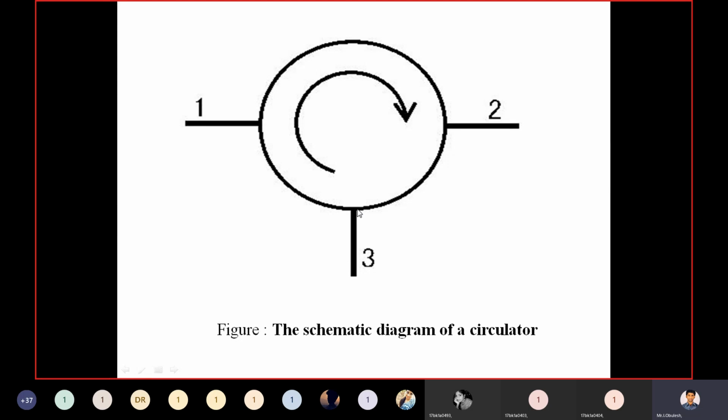At this point we have port 3, so you will get the output from port 3. If you want to apply the input signal through port 3, your signal will travel in this direction, and you will get the output from port 1. Like that you will get the output signal.